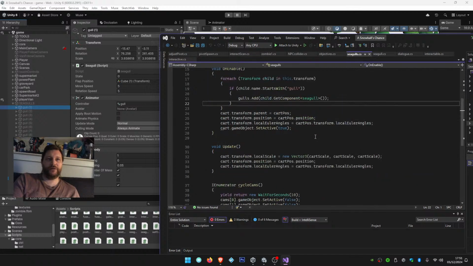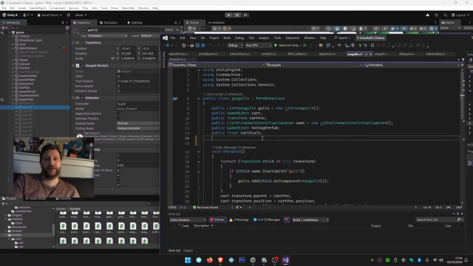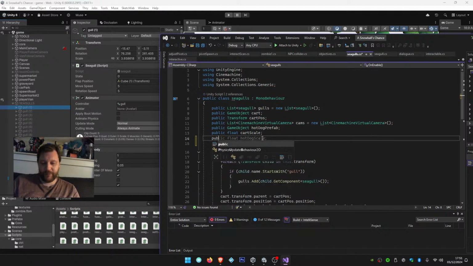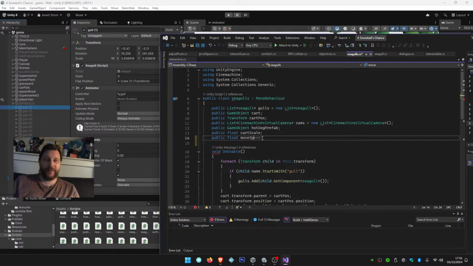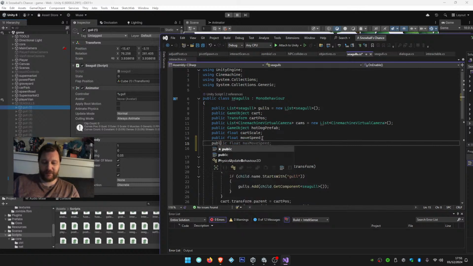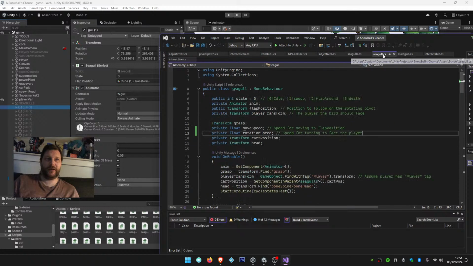And on our Seagulls class, which manages the Seagulls as a flock, let's say, we'll put these values here. So we're going to do move speed and rotation speed. And then what we can do is inherit that.